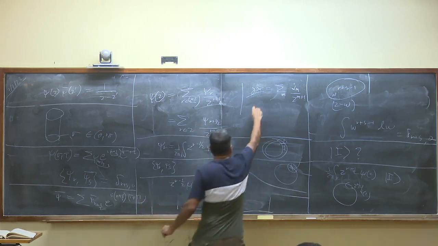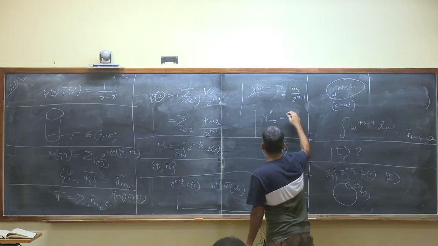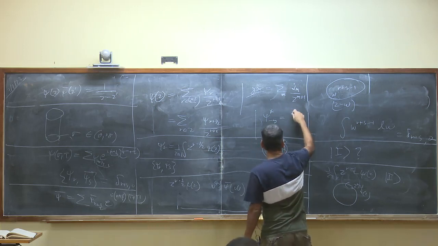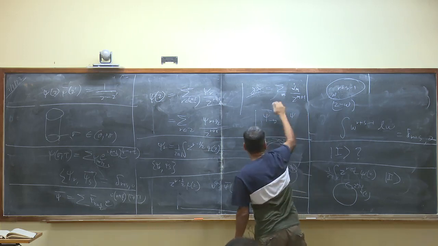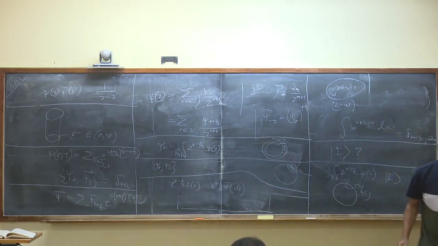So the relation will be psi star of minus s will be equal to the Hermitian conjugate of psi bar of s.